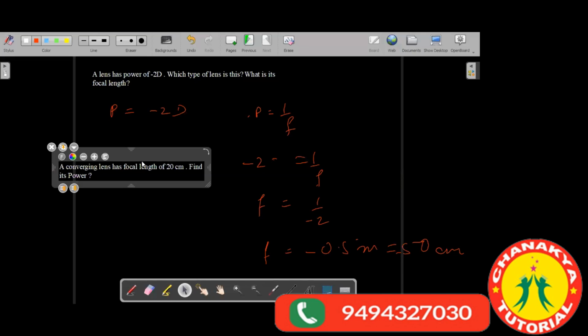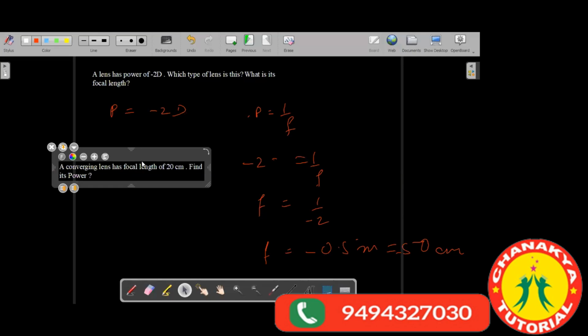Find its power. What will be the power of the lens? 1 by 20 centimeters. Remember, you have to change centimeters to meters, or you have to use the formula 100 by f.